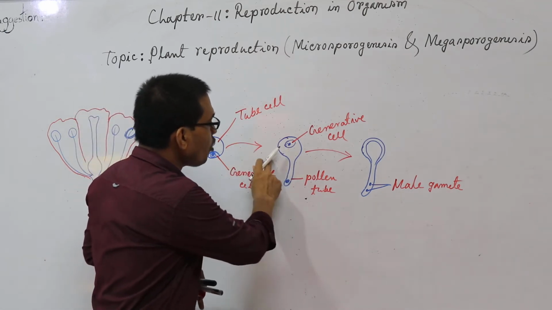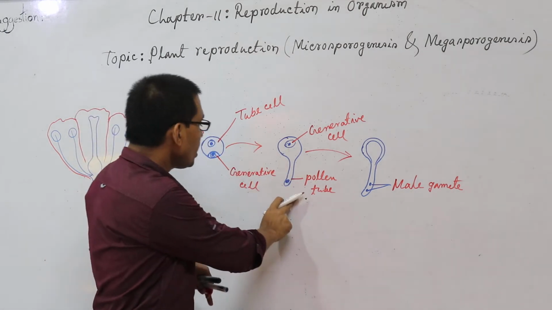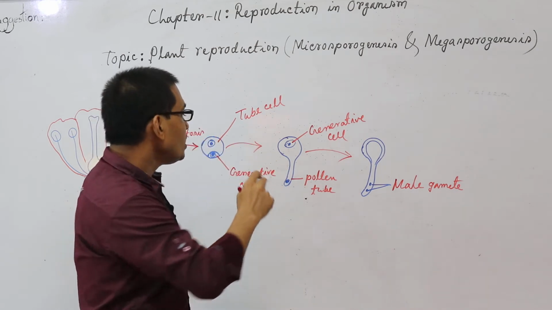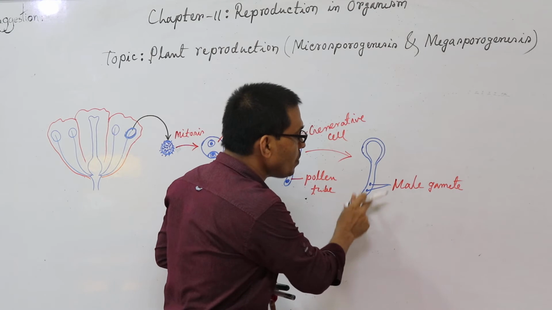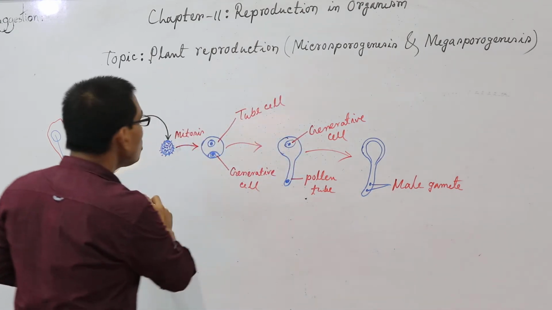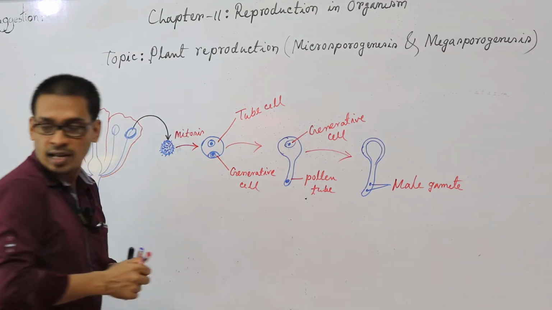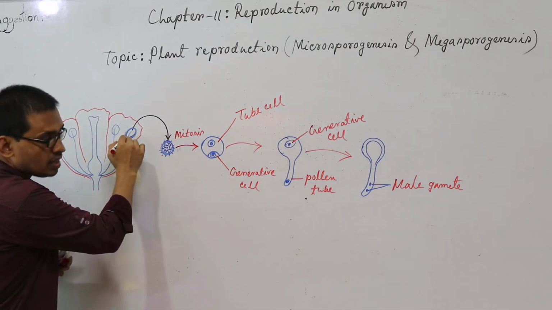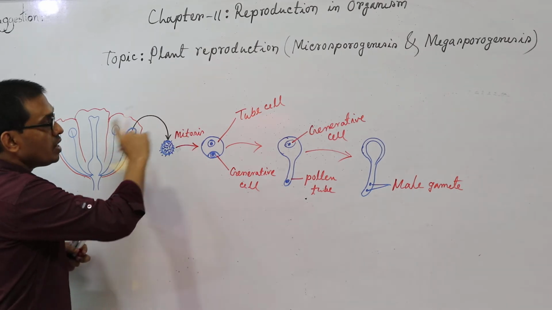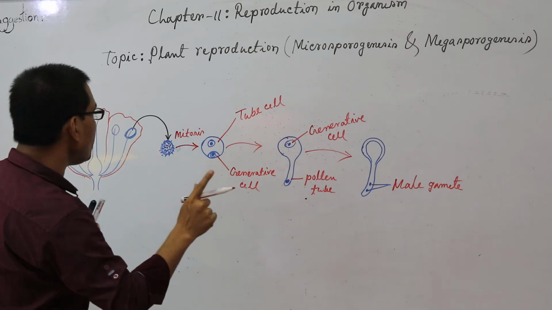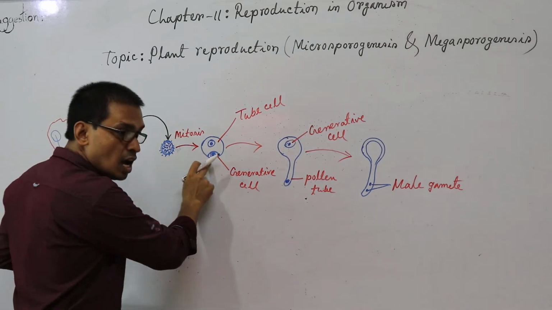Tube cell forms the pollen tube and generative cell forms male gamete. Next, generative cell divides to produce 2 male gametes. That's all about microsporogenesis, the formation of male gamete, which occurs in the anther, in the pollen grain.